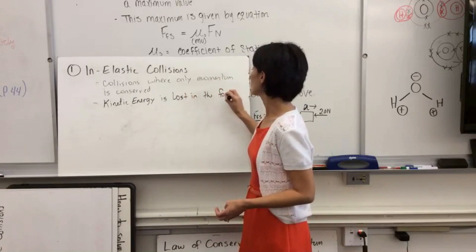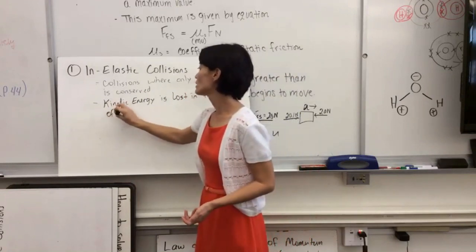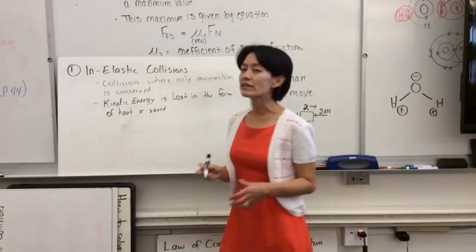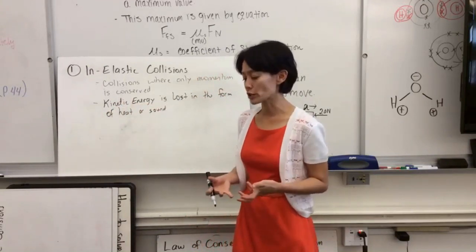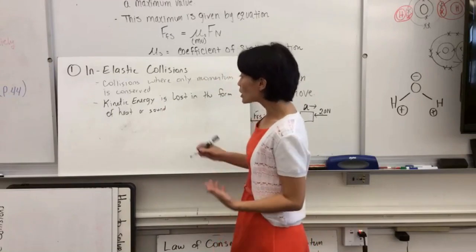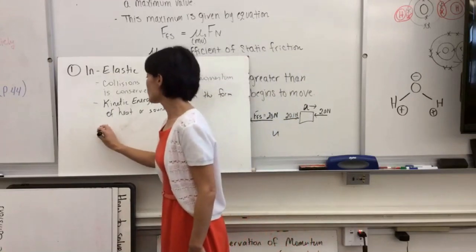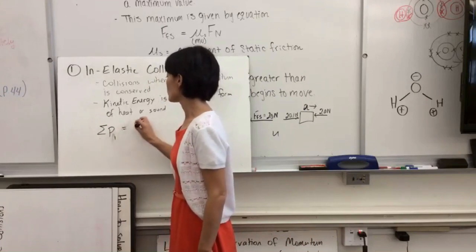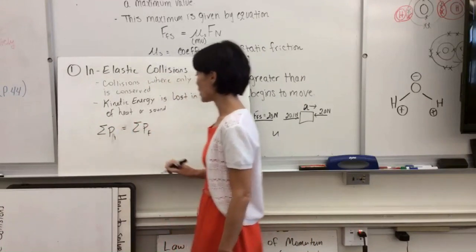Energy is leaving our system due to the collision. Okay? So if only momentum is conserved, we still have this idea that initial momentum is equal to final momentum. Let's see how that plays out.